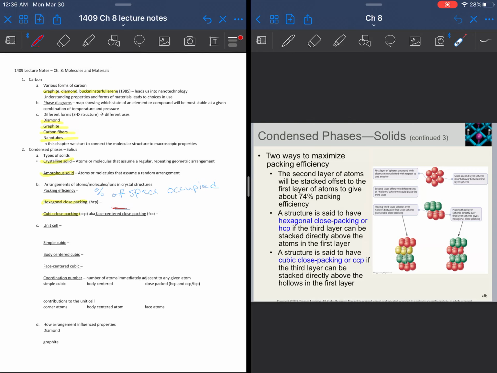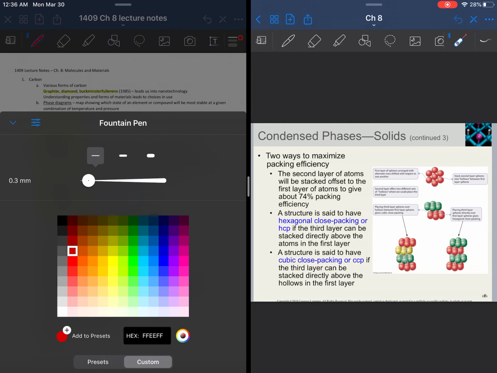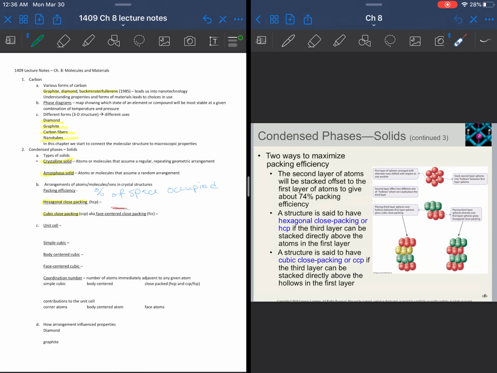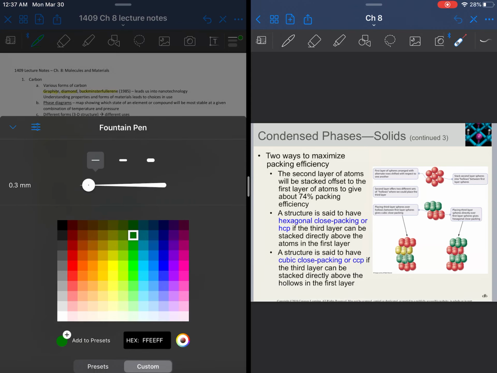So all of the atoms in the red layer will fall into the gaps in the blue layer. And then with hexagonal, you'll have a third layer that is offset from the first and the second. So if we consider this A, B, C, you have an A, B, C, A, B, C, A, B, C repeating pattern.